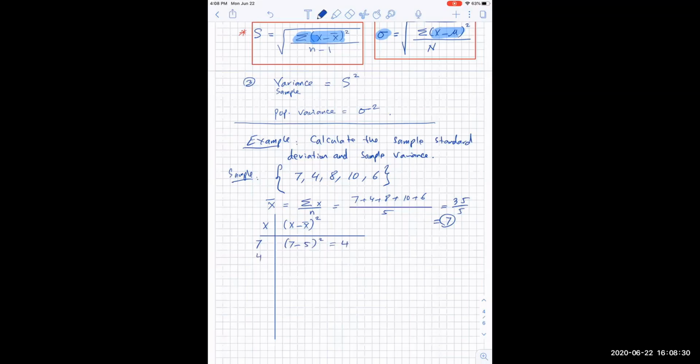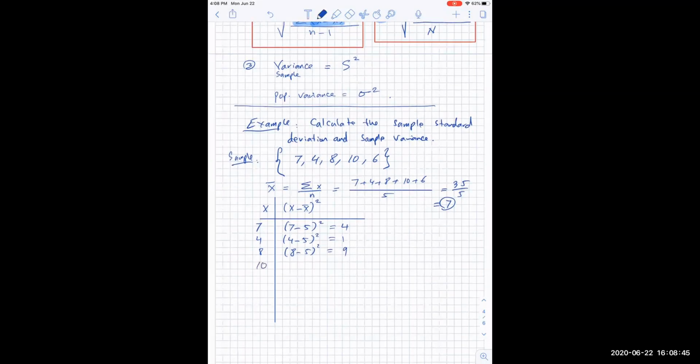Next data value, 4. 4 minus 5 squared is 1. 8 minus 5 is 3, square that, 9. The 10 minus 5 squared is 25. And the 6 minus 5 squared is 1.